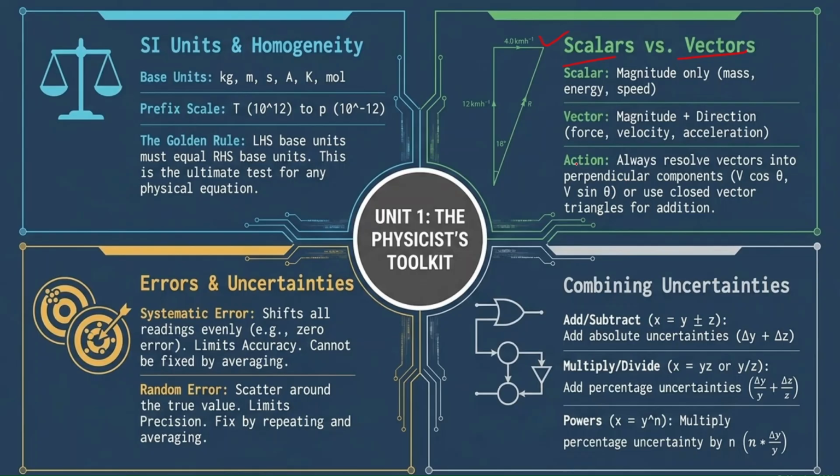And also we saw how to resolve vectors into components and a method for how we add vectors, unlike scalars, which is the tip to tail method. We did some problems on it. So this is all about Unit 1. These are the main four topics of Unit 1.